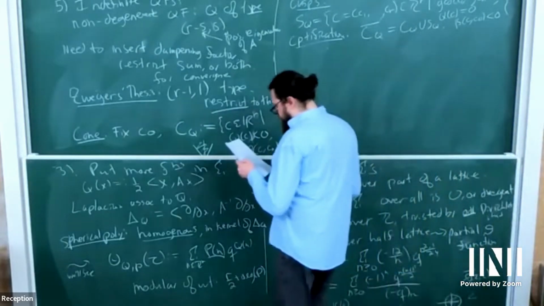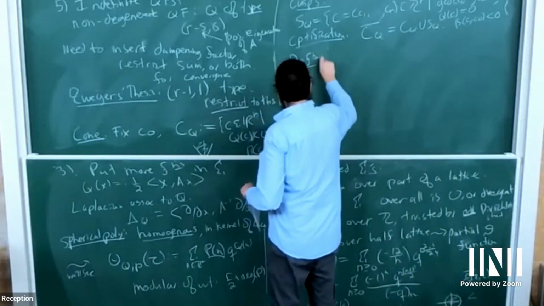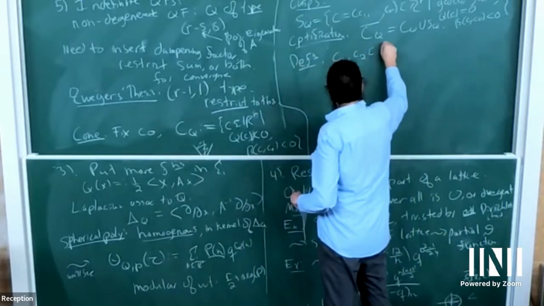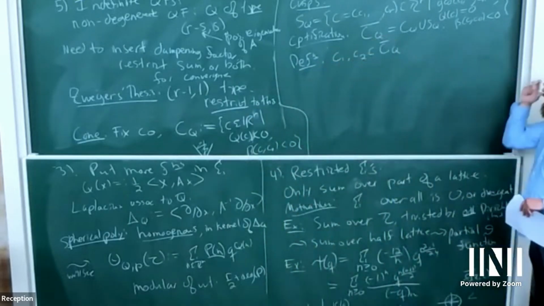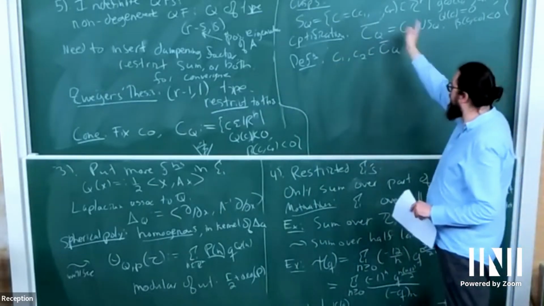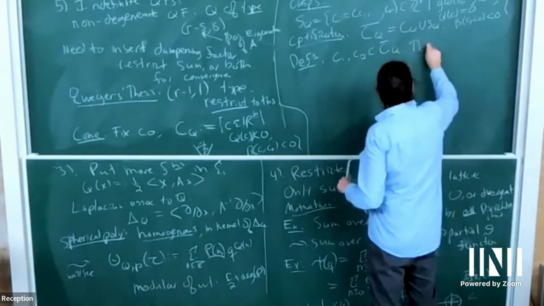All right. So I can now define what Zwegers' indefinite theta functions were. They're defined in terms of a pair of vectors C1 and C2, which you have to pick either in C_Q or in S_Q.